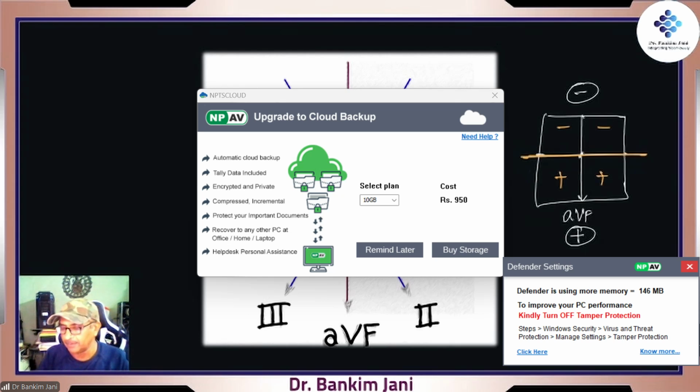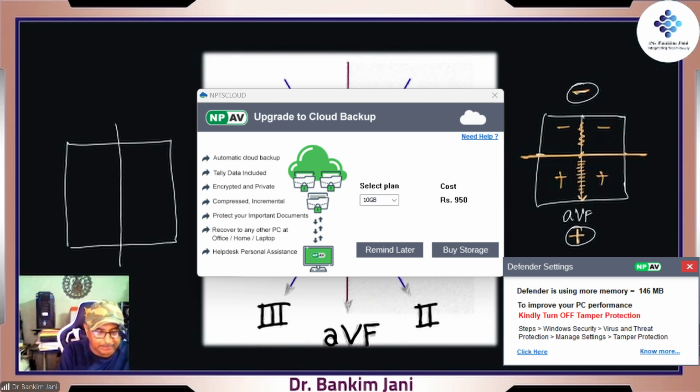Because this side was plus, this side was minus, and in between it is 0, any number over here would always be plus, and any number over here will always be minus. So far clear? Now we superimpose both of them together, and that is what gives us a very vital clue.